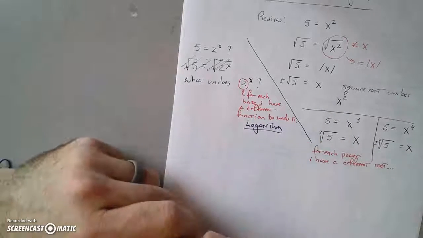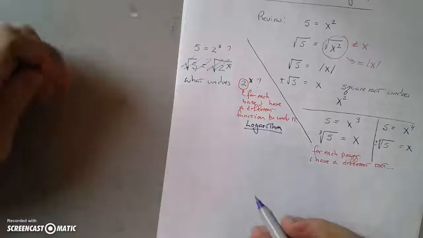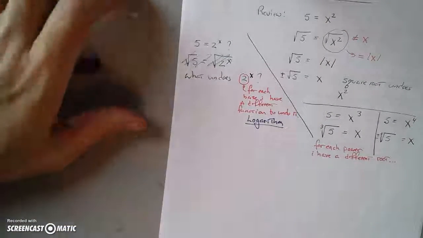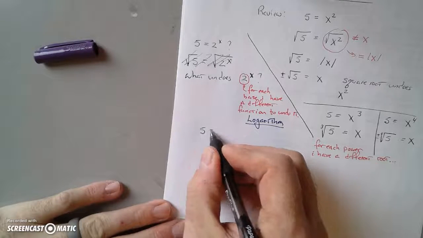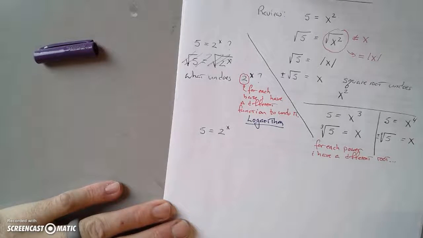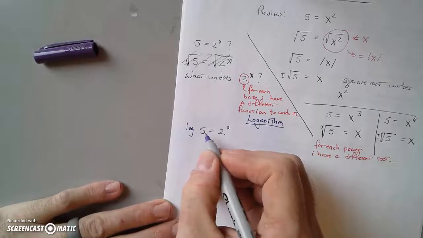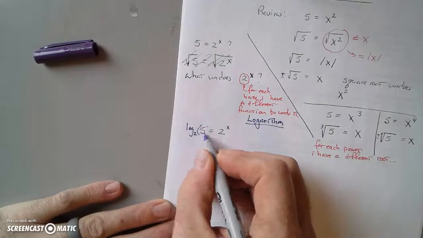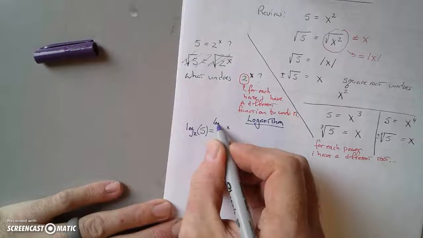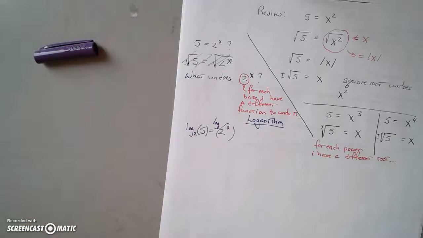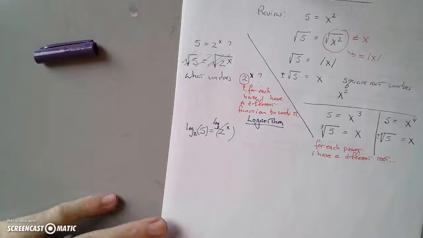All right. So here's what it looks like. Going back to our initial equation, we have 5 equals 2 to the x. I would take the log. The log what? Well, the log base 2. I need the log that undoes that. I take the log of both sides.